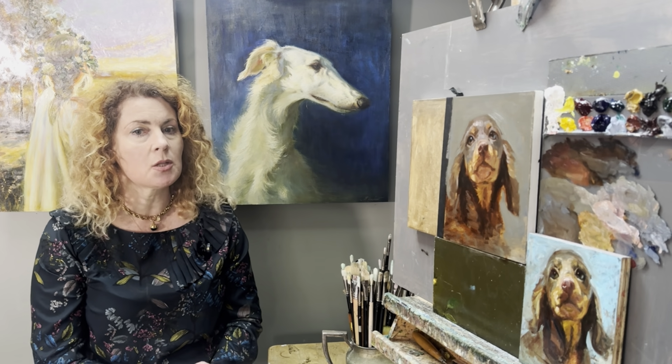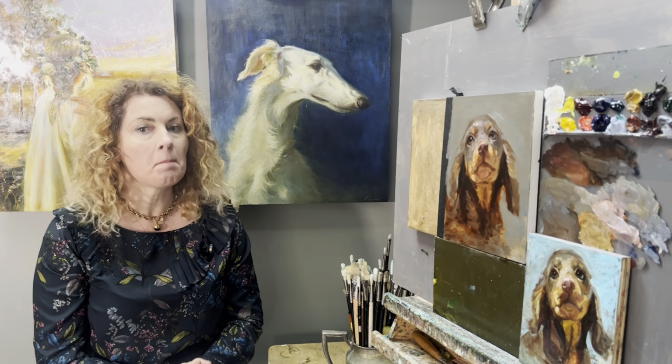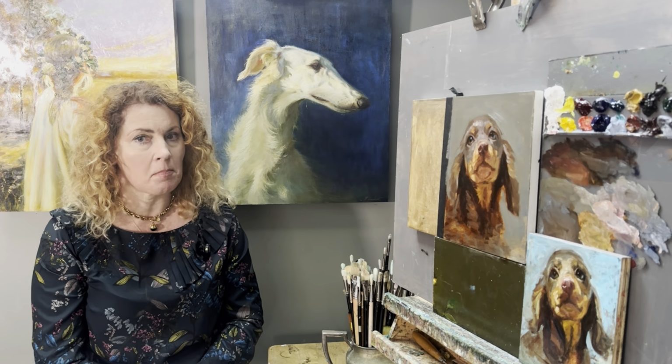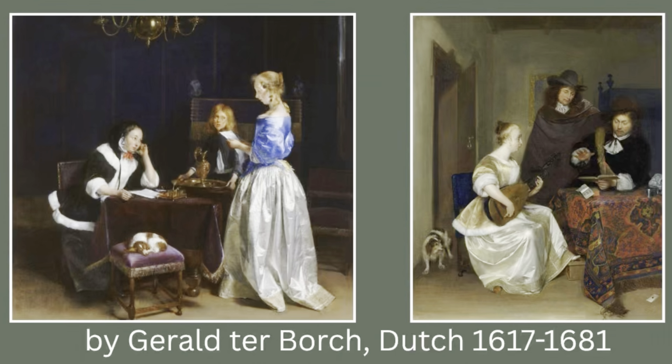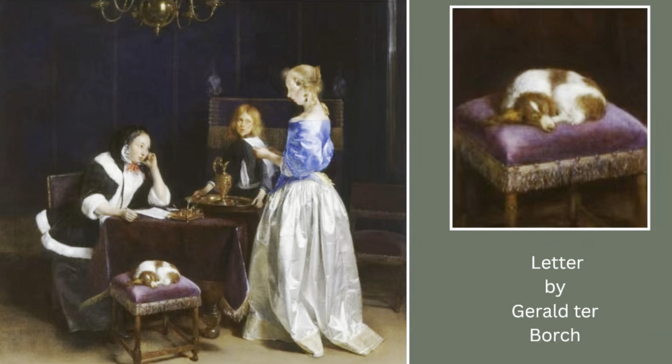Next, we see the two genre paintings by the Northern Renaissance master Gerard Terborch. The first, titled Letter, shows a young woman reading a love letter while the guard dog of virtue sleeps comfortably on a velvet chair.